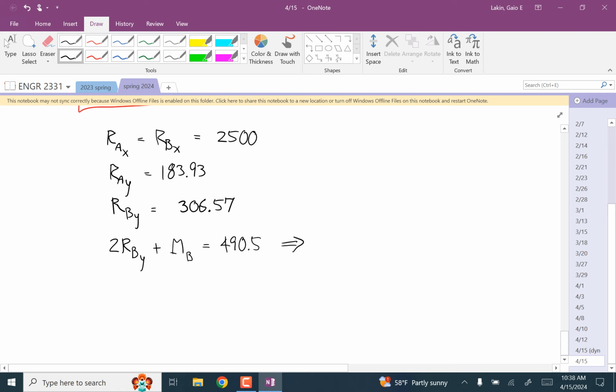So the bending moment MB is equal to negative 122.64 Newton meters.